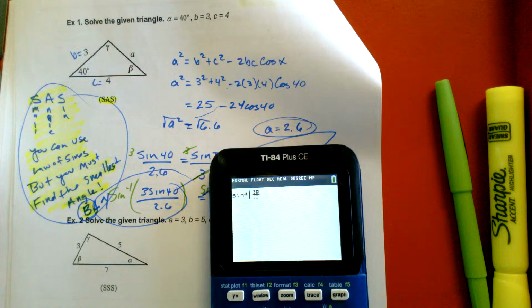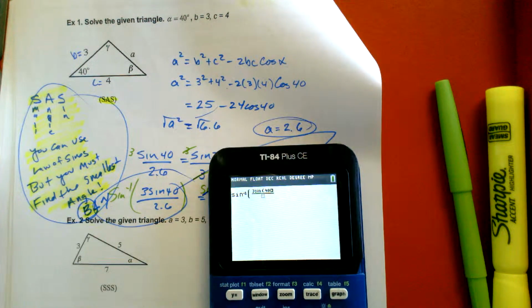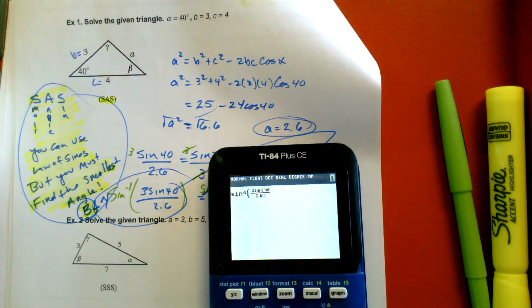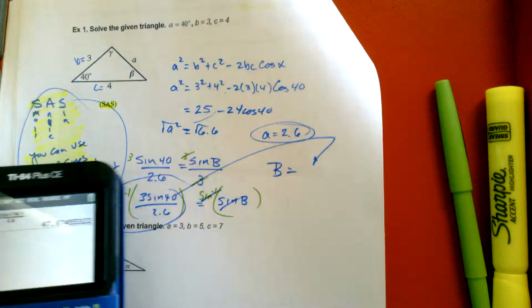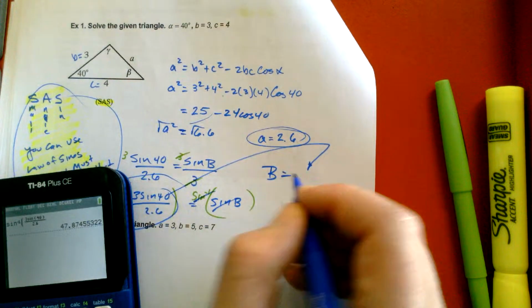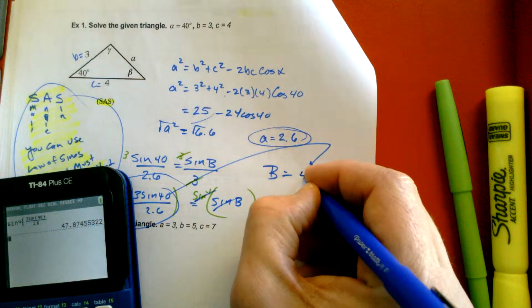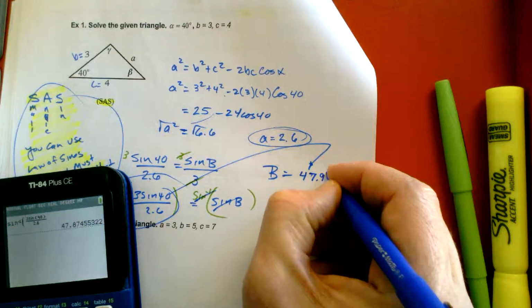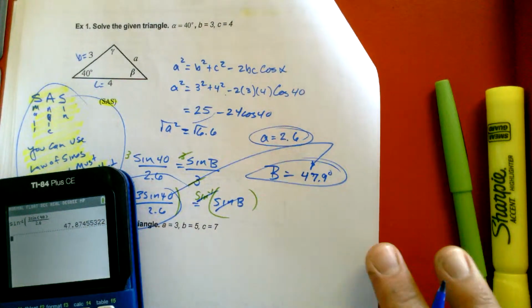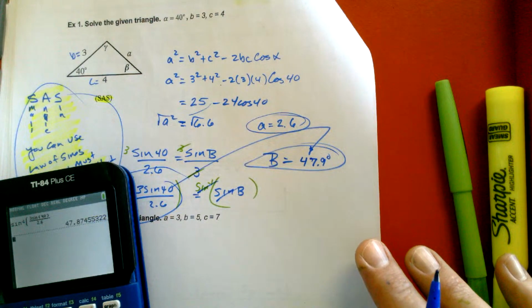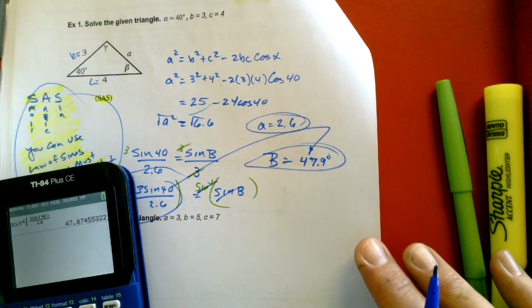So I go 3 sine of 40, and I'm going to divide by 2.6. When I use the rounded value 2.6, I got 47.9 degrees. Okay. Y'all good with that?